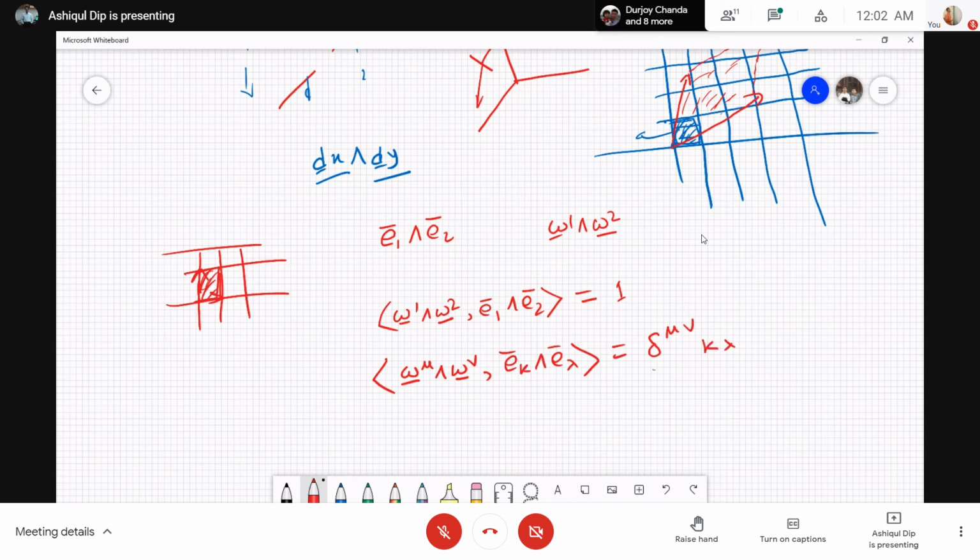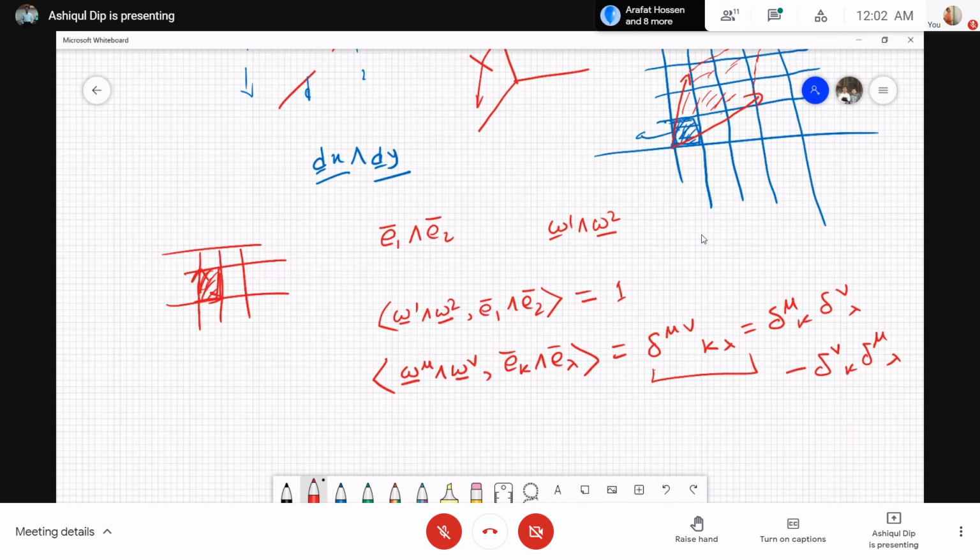Now this thing has to be defined as well. We'll see in the next class. Basically, this thing is Kronecker delta mu kappa, Kronecker delta nu lambda minus Kronecker delta nu kappa, Kronecker delta mu lambda. We'll see in the next class. So at least we have some idea of what 2-forms are, right? Geometrical interpretations.